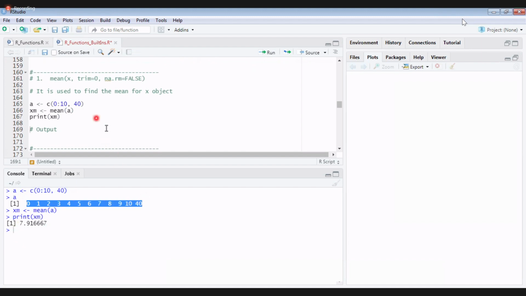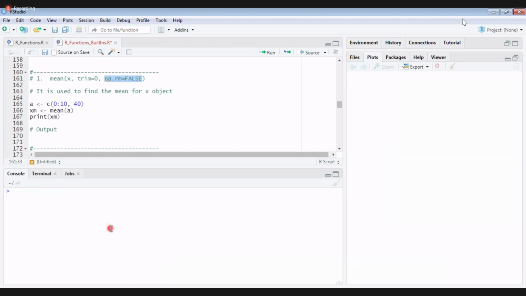But here you need to concentrate on this part. This is very important. In R we use real-time data. When we use this on data frames or real data, there are more chances that your data will contain NA, missing values.